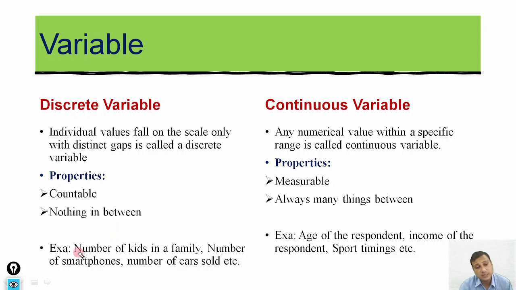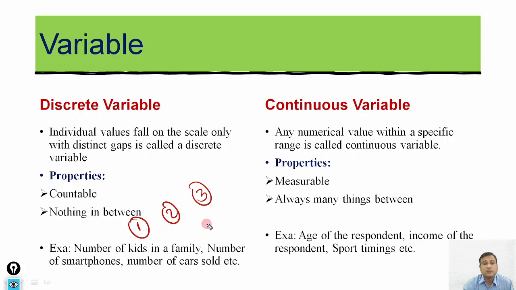Suppose I ask my respondent how many kids are there in your family, then the respondent will say that one child is there, or two children are there, or three children are there. Is there anybody who will say that in my family I have 2.5 kids? Is it possible? No, it is not possible.